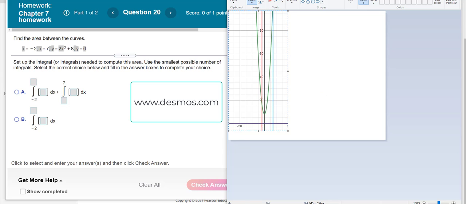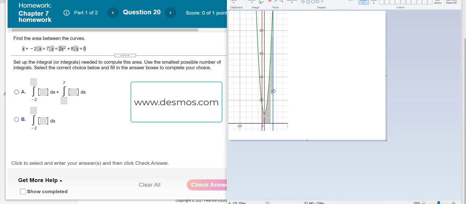The portion that's between the green, the red, the purple, and the blue, that's what they're asking us to find. It's between the green and the purple, the y equals, but they're not interested in all of it. They only want it between the red line and the blue line, which are the two x values. So I'm just going to highlight what they're asking us to find, the area under here.